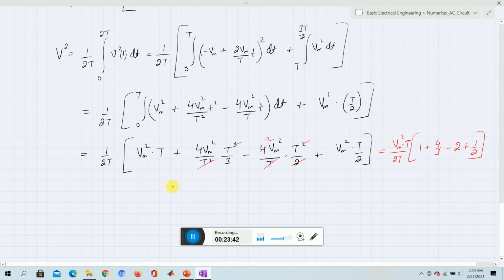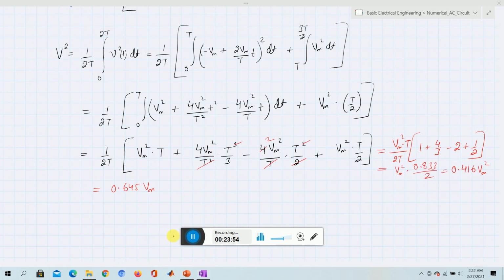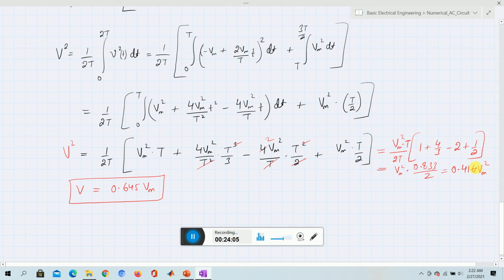This expression finally leads to 0.645 Vm. The value of V is coming around 0.645, because the V square term comes out to be 0.416 Vm square. So accordingly you get the value of V. This is the RMS value.